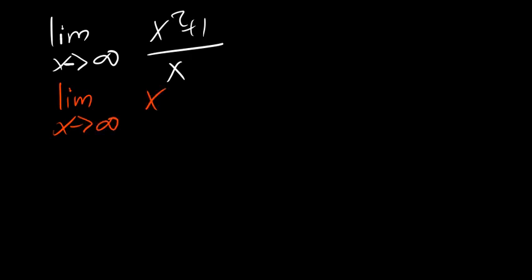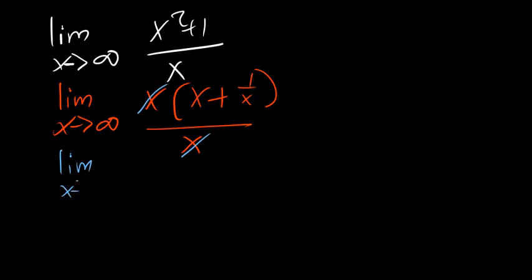If I factor out x here, I'll remain with x plus 1 over x, because I'm dividing this guy, 1 divided by x is 1 over x. I divide this, I only have x. x and x can go. Limit as x goes to infinity, now I've got x plus 1 over x.